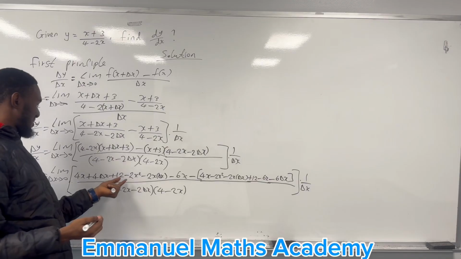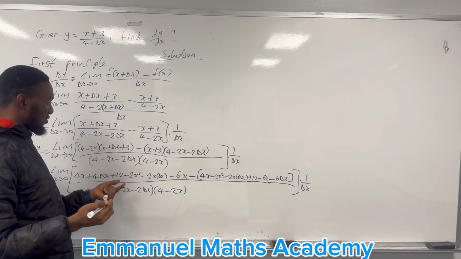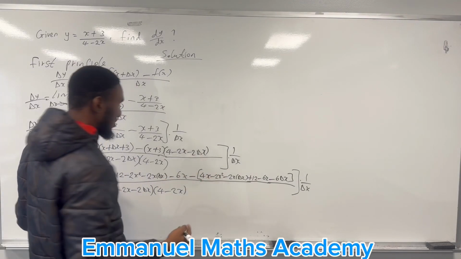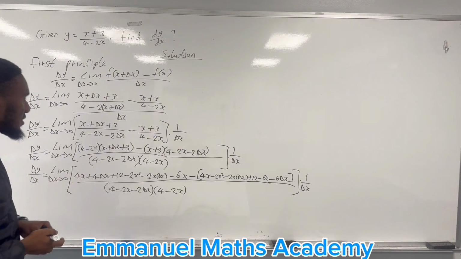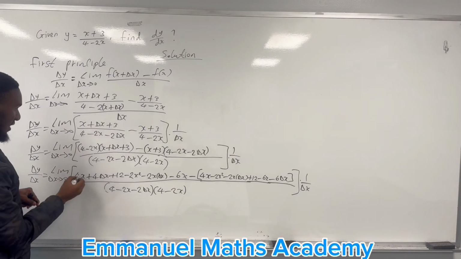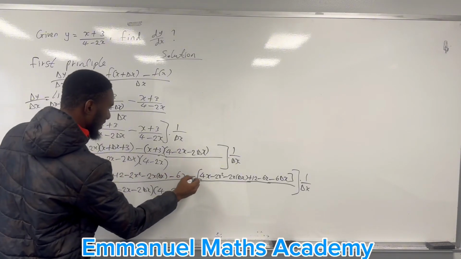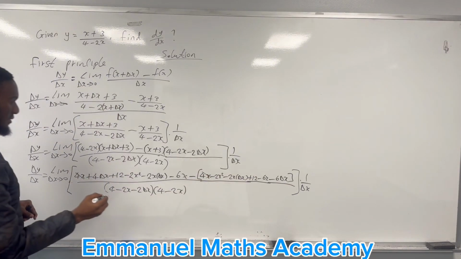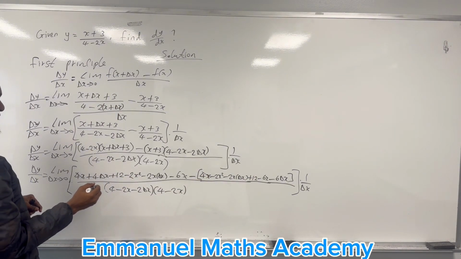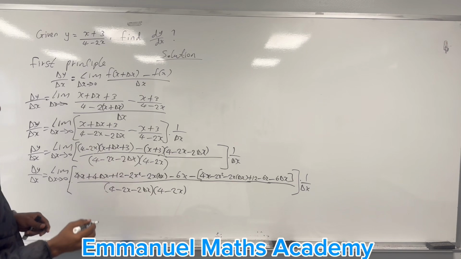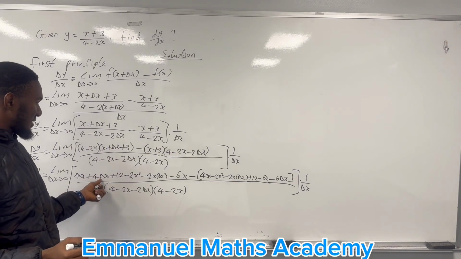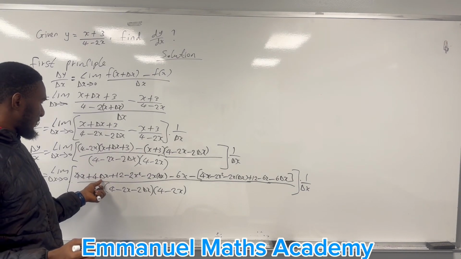And whenever you have x raised to the power 2 and x raised to the power 2, you can also bring them together. Good. So since you have 4x here, we have minus 4x. It will cancel out. Is that correct? Yeah. So what about 4 delta x?